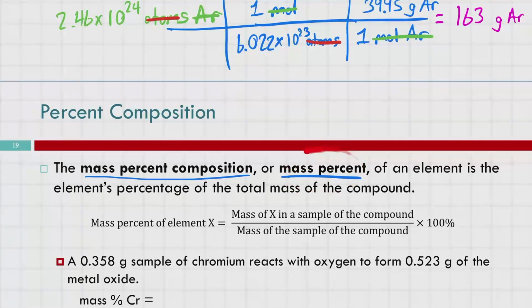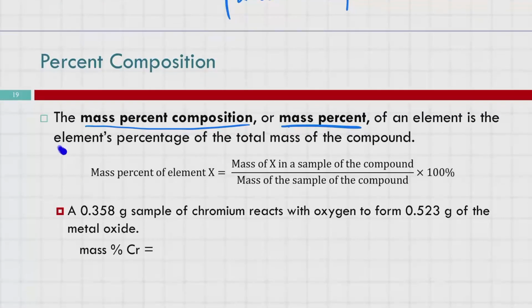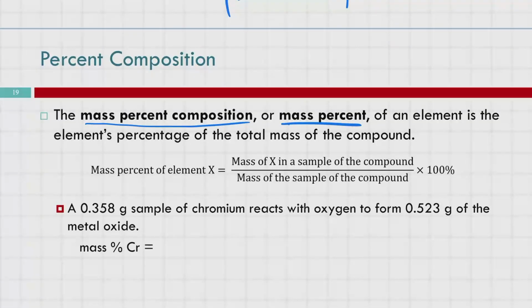Oftentimes when you see some sort of an element or some sort of ingredient, the percentage, unless they specify otherwise, it's mass percent. We can calculate this for an element in a compound. So given any compound, if we've got 100 grams of that compound, how much of that mass is going to be the element that we care about? And we have a formula for this one.